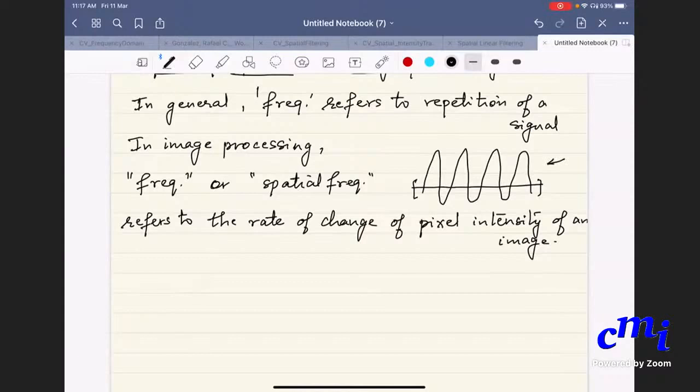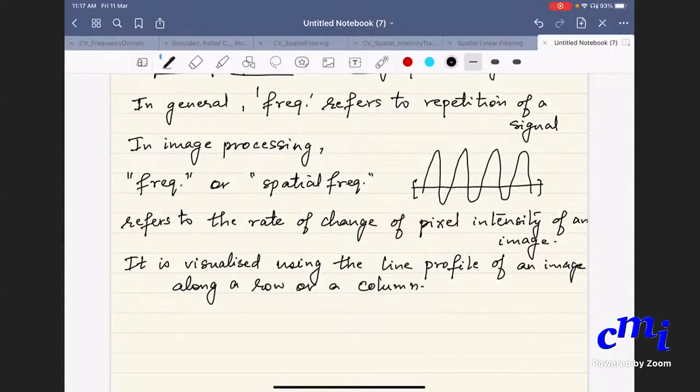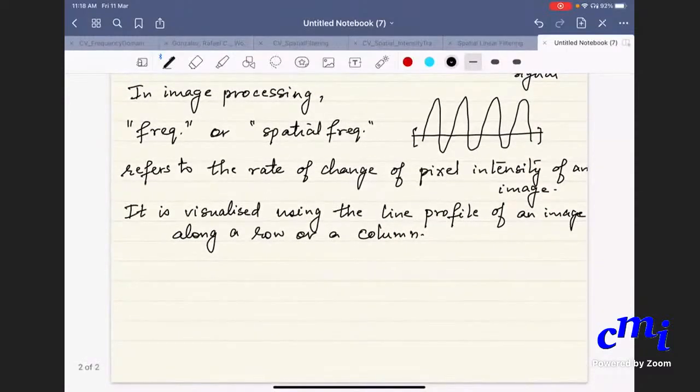Suppose you think of this as an intensity profile at some point along some line. The intensity profile, not exactly like this, but whatever it comes out to be. We know from Fourier series analysis that any intensity profile or any continuous signal like this can be written as a combination of sinusoidal signals, such as sine and cosine, or even a combination of non-sinusoidal signals. I will write that later, but what I mean by sinusoidal signals is something like this.